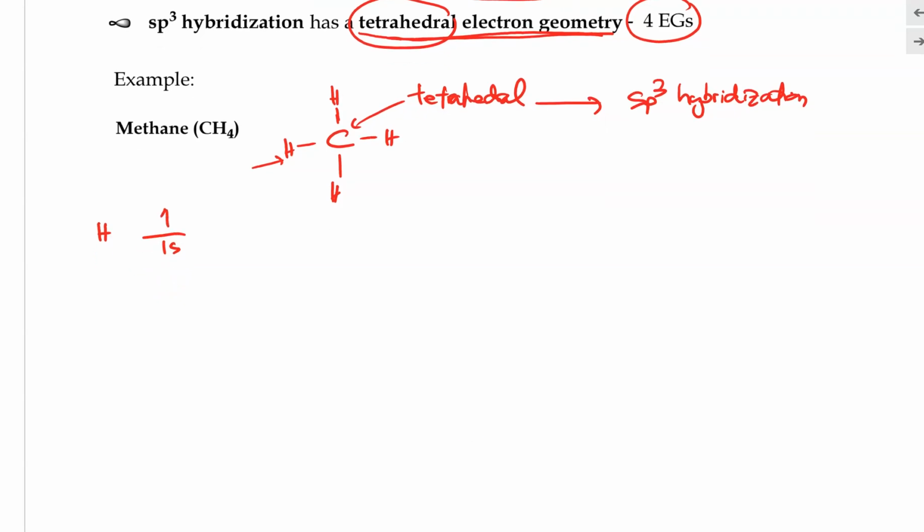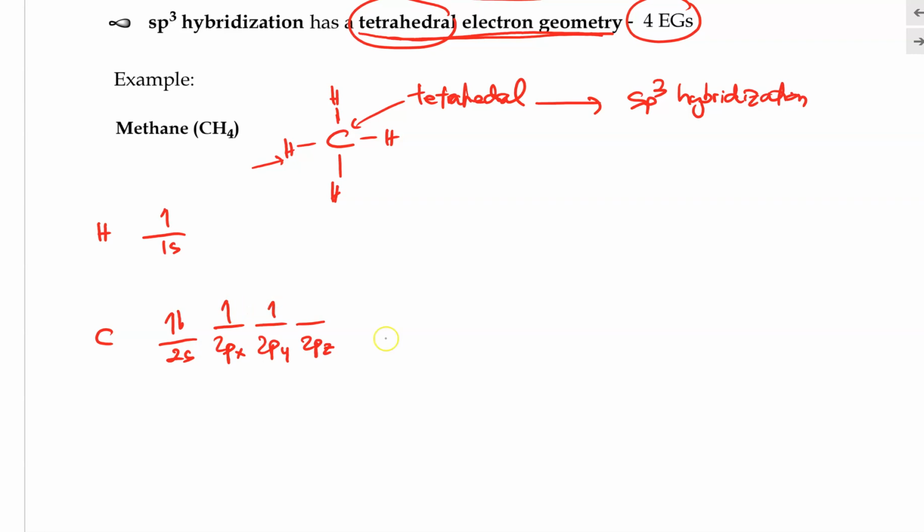As for the carbon, initially the orbital diagram has 2 electrons in the 2s orbital, and then here are the three 2p orbitals. Let's label them 2px, 2py, and 2pz, with 2 electrons in them.